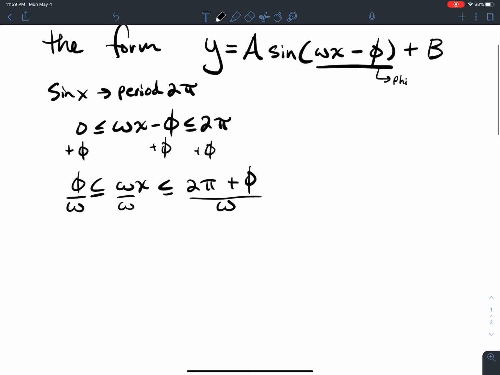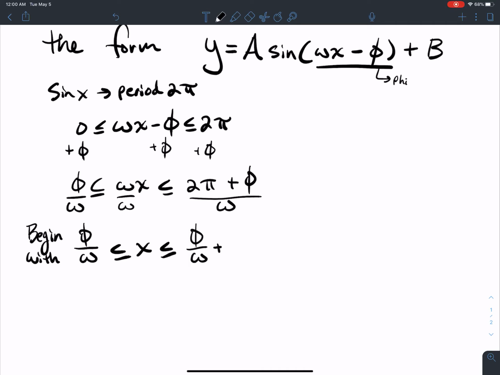And so what does this tell me? It tells me that we begin our period with phi over omega, and we end our period with phi over omega plus 2 pi over omega.